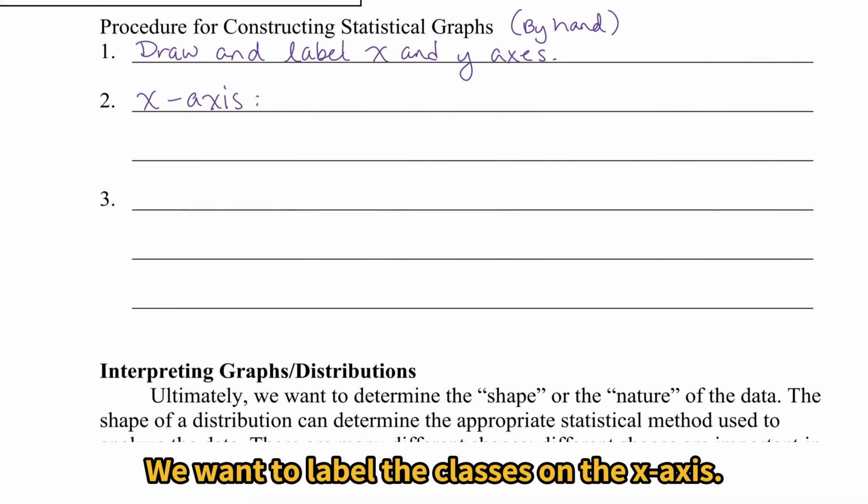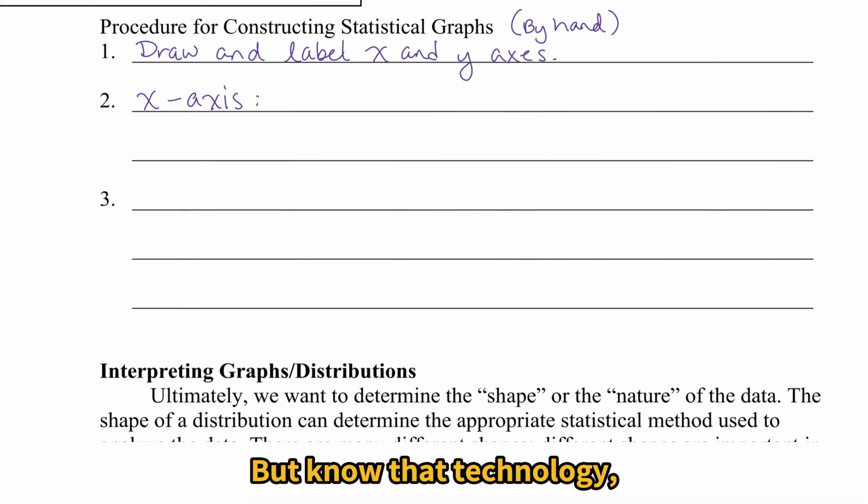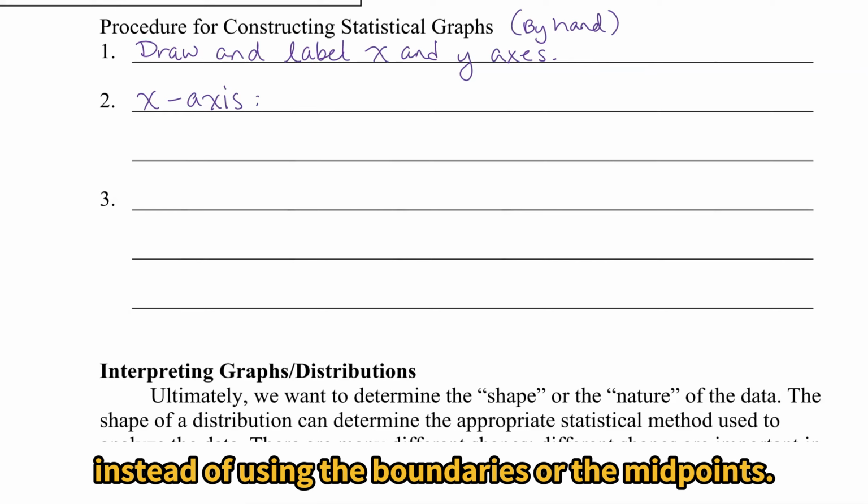We want to label the classes on the x-axis. I'll write down what we would do by hand, but know that with technology, we may not have that option. It might just be easier to use the classes as they are instead of using the boundaries or the midpoints.